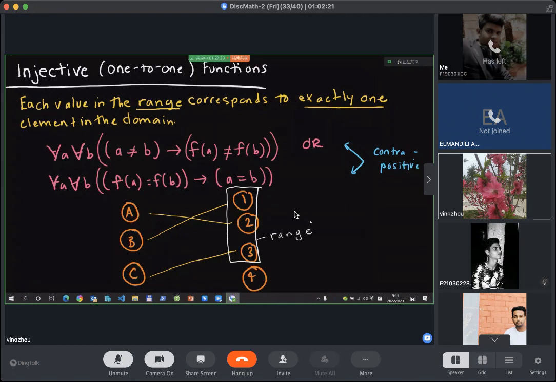And we're saying each of those values corresponds to exactly one element in the domain.